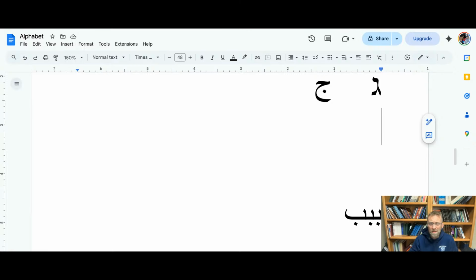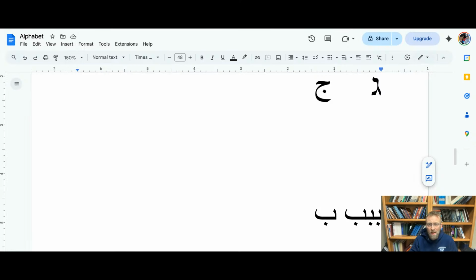So the bottom line is that there are really 4 forms for the letter ba. There's the independent form right there, and then we have word initial, word medial, and word final. Many consonants in the Arabic language have 4 forms: the standalone, word initial, word medial, word final.